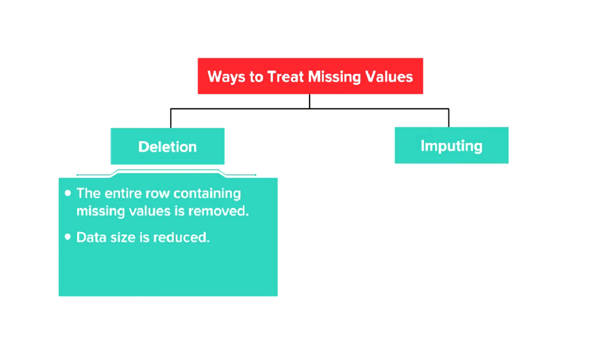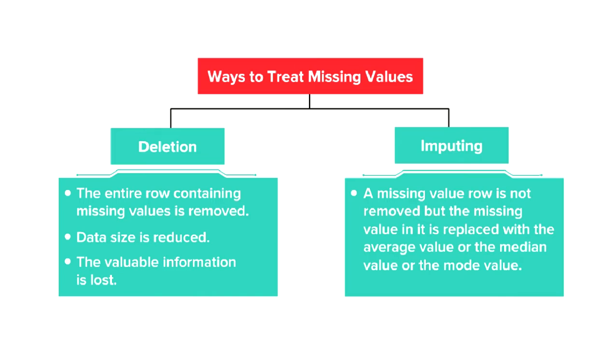This reduces the data size and is not advisable, as we might lose some valuable information in the process, especially if the data size is small. In imputing, we do not remove any values but impute or replace the missing cells using the average values or the median values or the mode values as per our requirements.